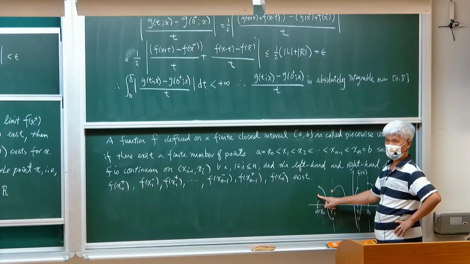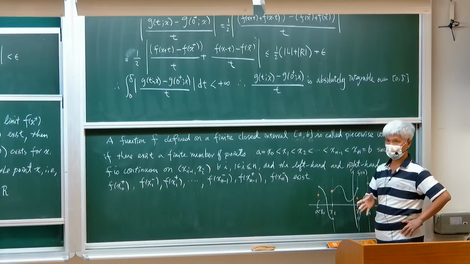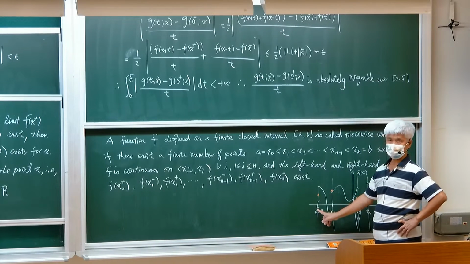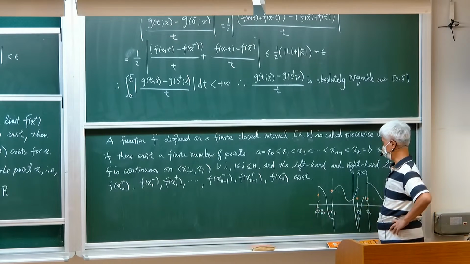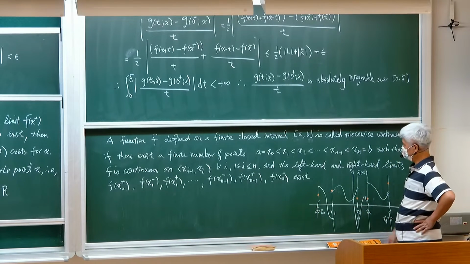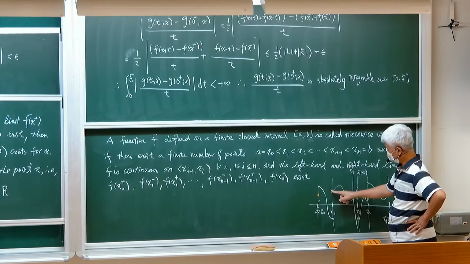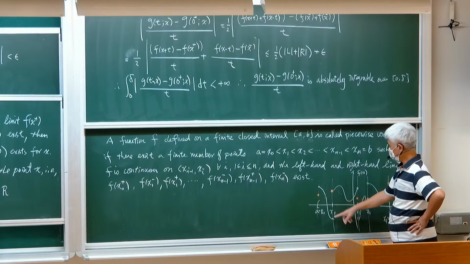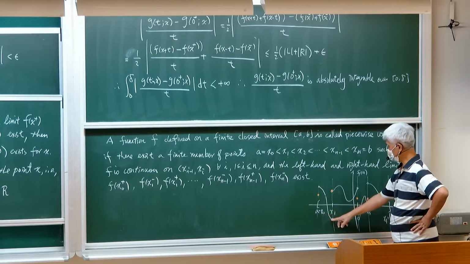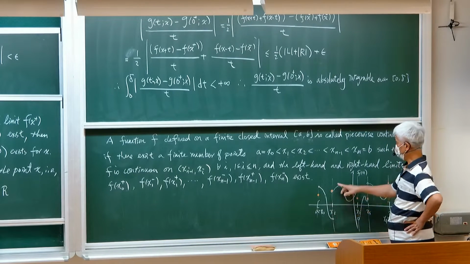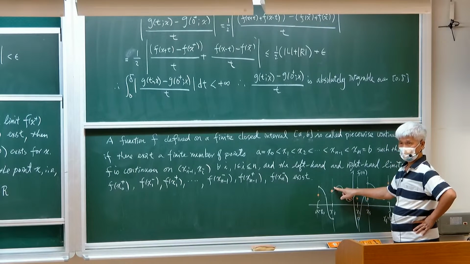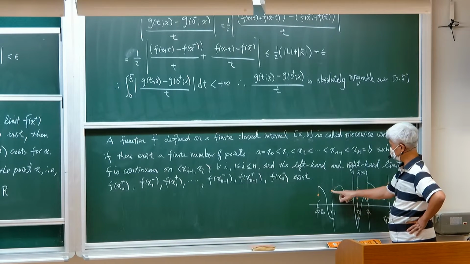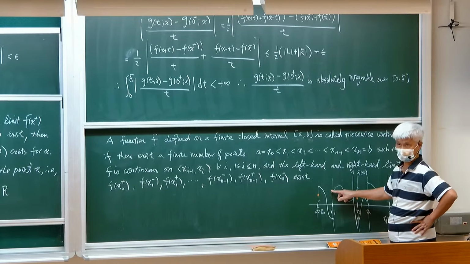So the function is not continuous at x0. Similarly, the function is not continuous at x1. At x1, the function has a left-hand limit as well as a right-hand limit, and its right-hand limit is just equal to its function value.